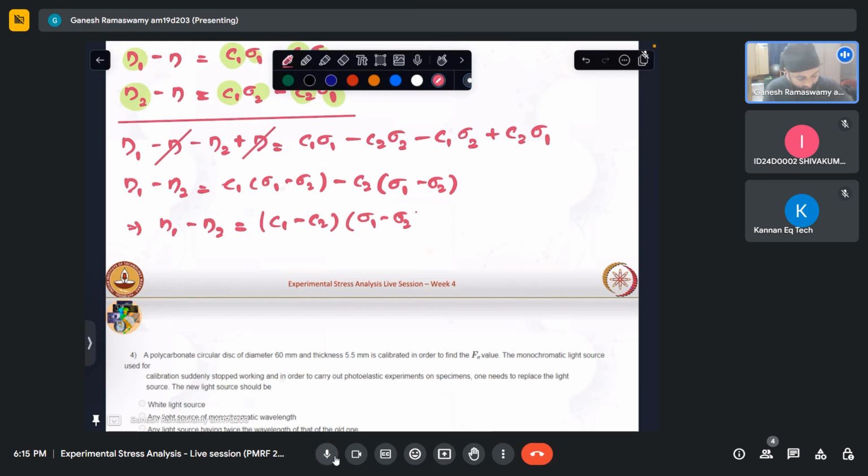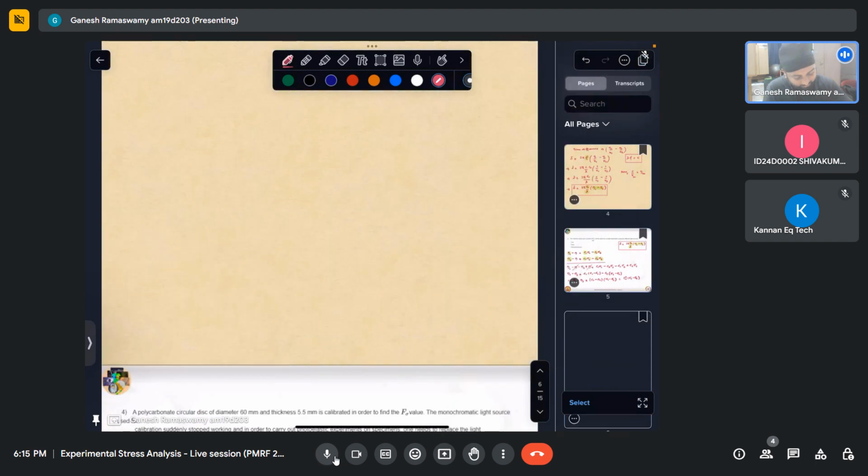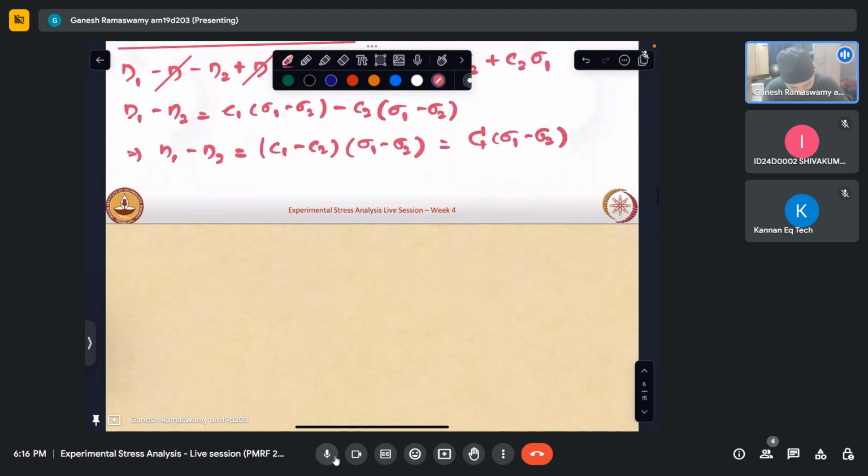This we denote by some capital C, times sigma 1 minus sigma 2. So far so good. So we have been able to relate these two quantities. So we know that N1 minus N2 is this C into sigma 1 minus sigma 2, where C is specific to that material optic relation.